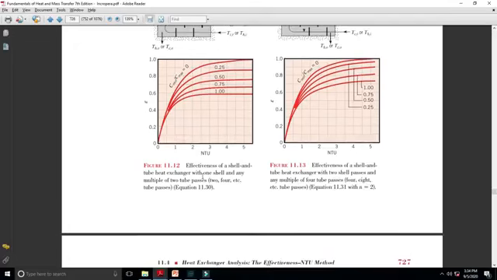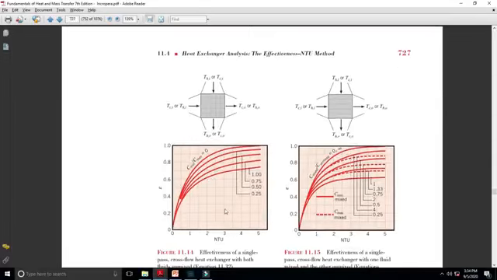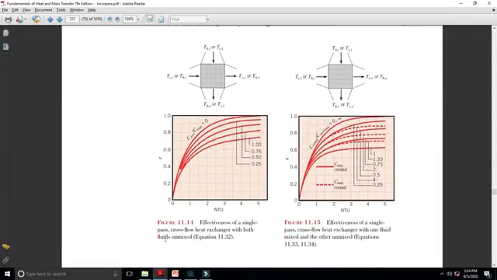This is for one shell and multiple of 2 tube passes. This is for 2 shell passes and multiple of 4 tube passes. And then this is the one for the heat exchanger with both fluids unmixed, the cross flow heat exchanger with both fluids unmixed.